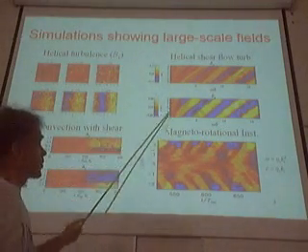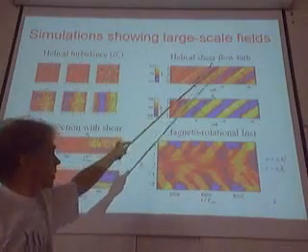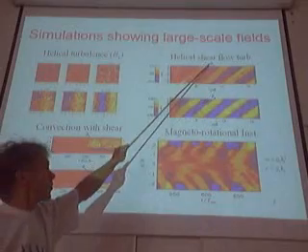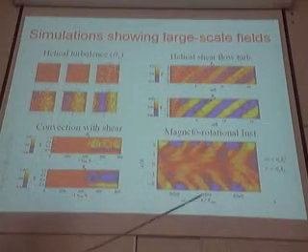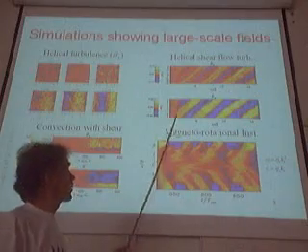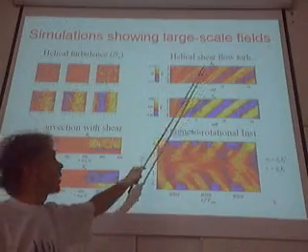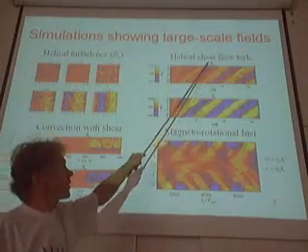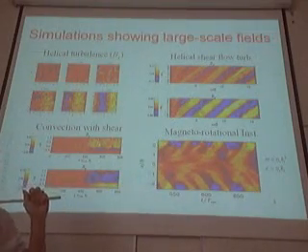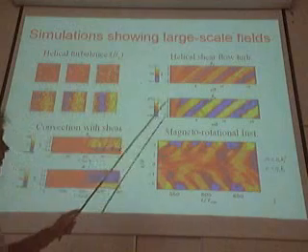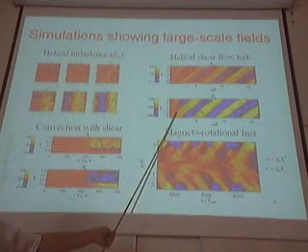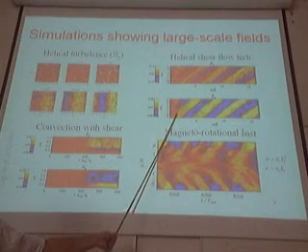What you see is the x component, the streamwise component, and the y component, the cross-stream component. In both cases, after some time, you see the buildup of a large-scale magnetic field. Large scale means if you average the field, averaging indicated by an overbar, you get something which is finite and of significant amplitude.